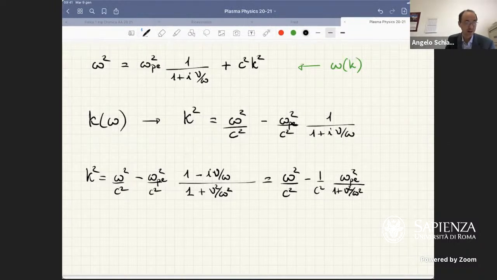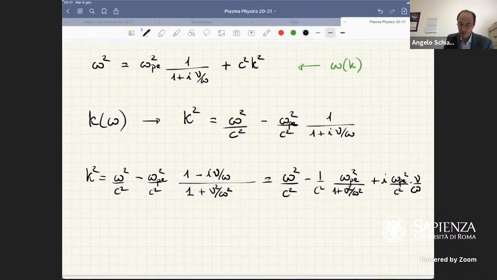And this is the real part. And then we have a plus i that multiplies omega p squared divided by c squared times mu over omega.